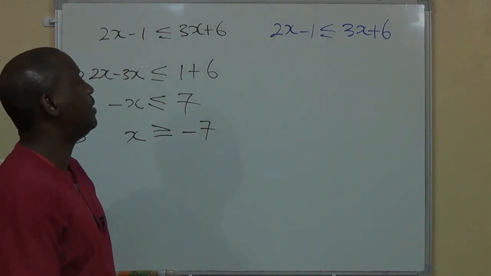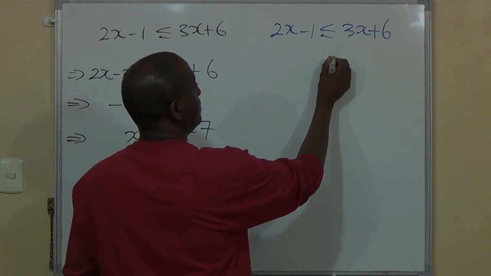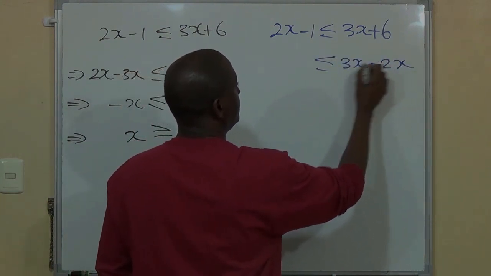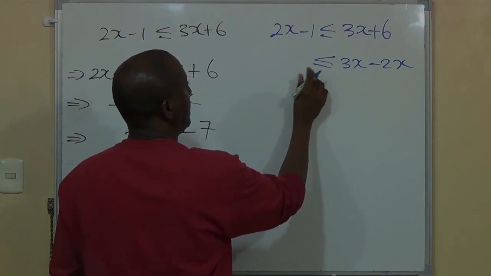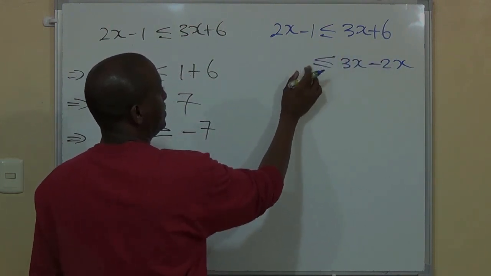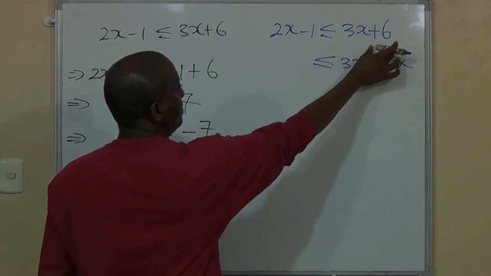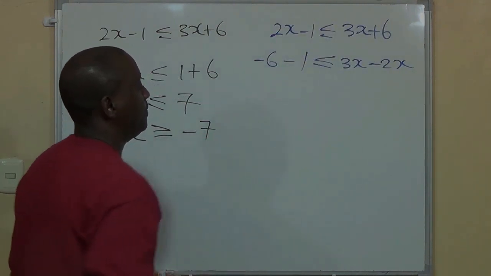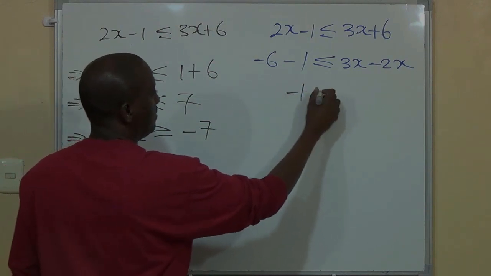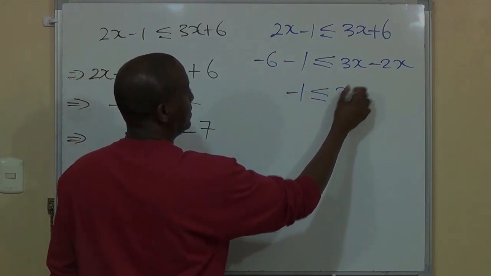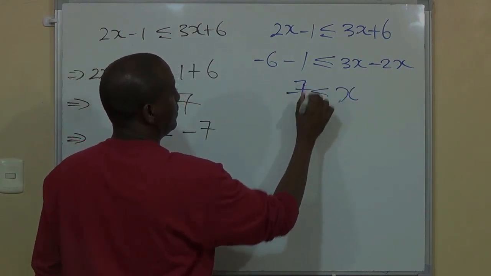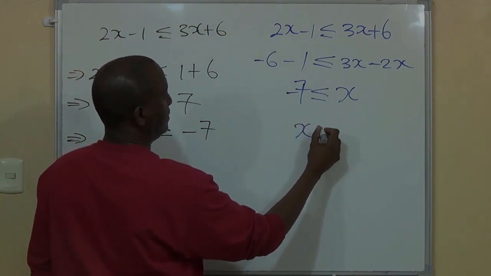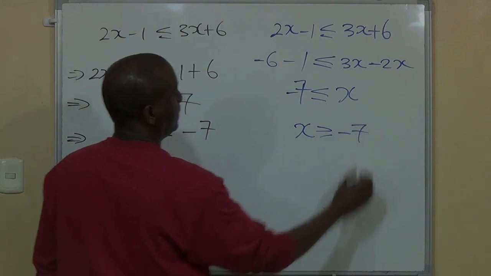So that way, what I'll end up with would be 3x minus 2x on this side, and on this side I'll have minus 1, that done there already. I take the plus 6 and I carry it across here. I get minus 6 minus 1. So I'll have minus 7 less than or equal to x. So in other words, this is the same thing as x greater than or equal to minus 7.